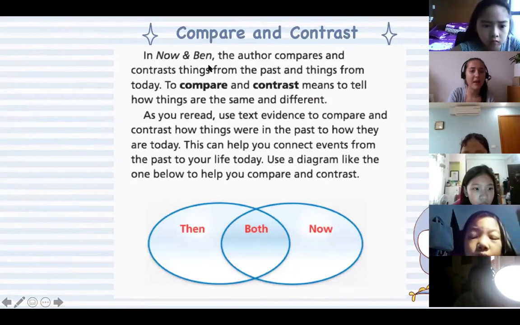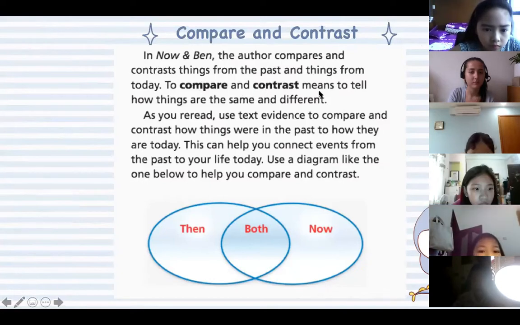In Now and Then, the author compares and contrasts things from the past and things from today. To compare and contrast means to tell how things are the same and different.